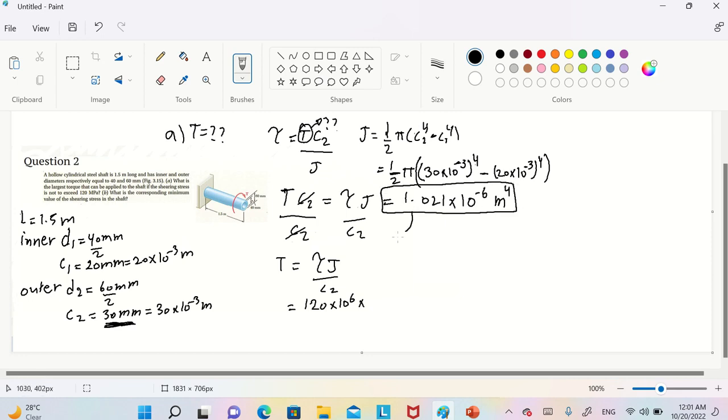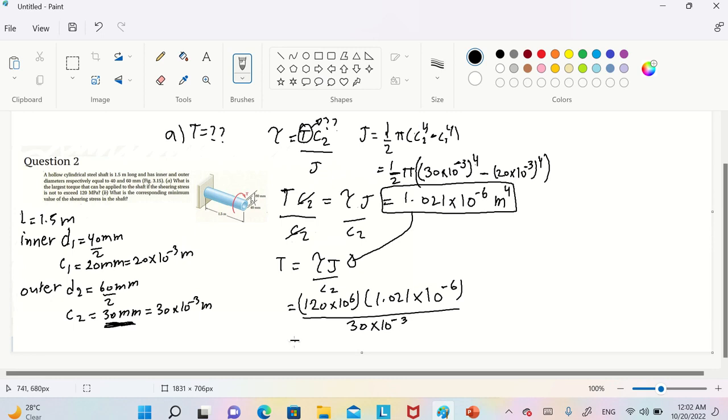Then we put it here, it will be multiplied. It's better to put it in the bracket. 1.021 times 10 power minus 6 over the outer radius, which is 30 times 10 power minus 3.